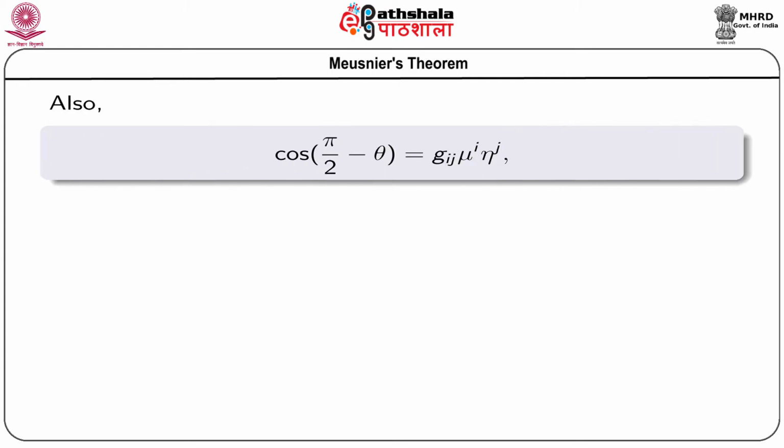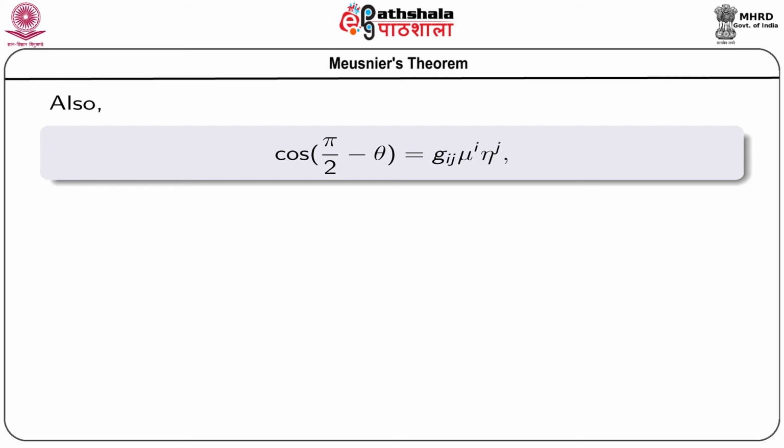Also, the angle between mu^i and eta^j. mu^i is the principal normal vector of the curve, and eta^j are the components of the surface normal vector, but these are the space components.